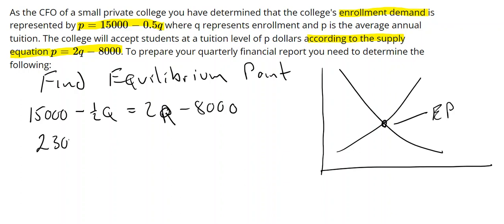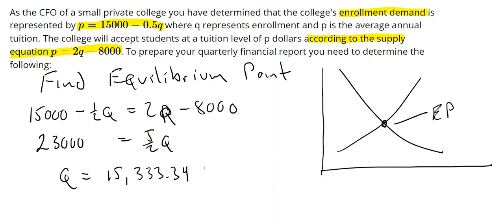So we have 23,000, and that's going to give us 2 plus 1/2 is 2.5, or 5/2 Q. And so Q is going to be equal to 15,333.34. So this is the equilibrium quantity, or this is the number of students enrolled at equilibrium.